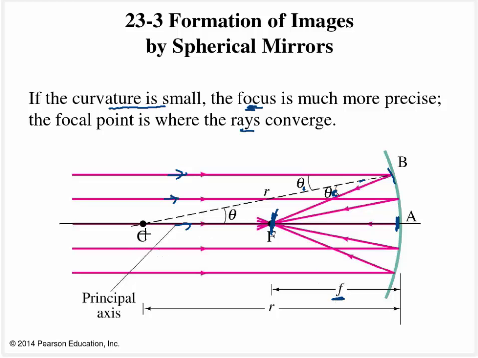And lastly, because this is a spherical mirror, we can say it's just a chunk of a sphere. Picture me completing a circle right here. The center of the circle is going to be this point over here marked as C. If we draw a line connecting this point C and the focal point, then we have our principal axis, which really just gives us something to make all of our angles relative to.